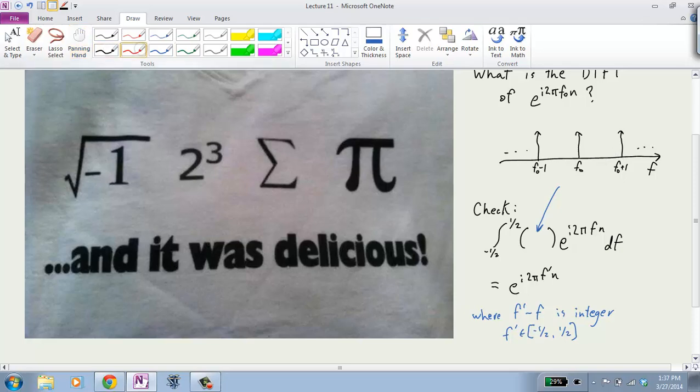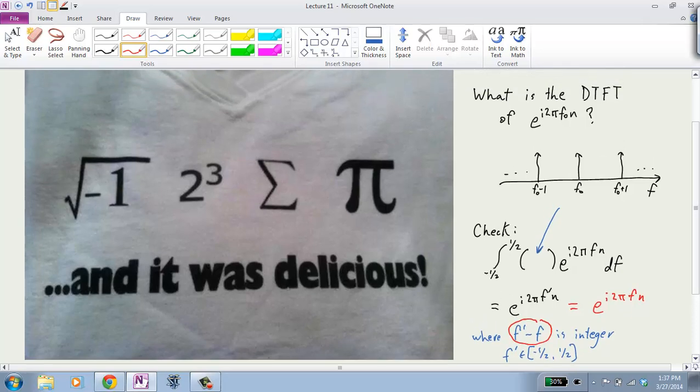And that's the key here, because if f prime minus f is an integer, then we can say by aliasing, this is equal to e to the i 2 pi f n. Do you get that? We just said that it's an integer difference. These are two formulas, two aliases for the same signal. So there we verified that this is the discrete time Fourier transform of a delta function.